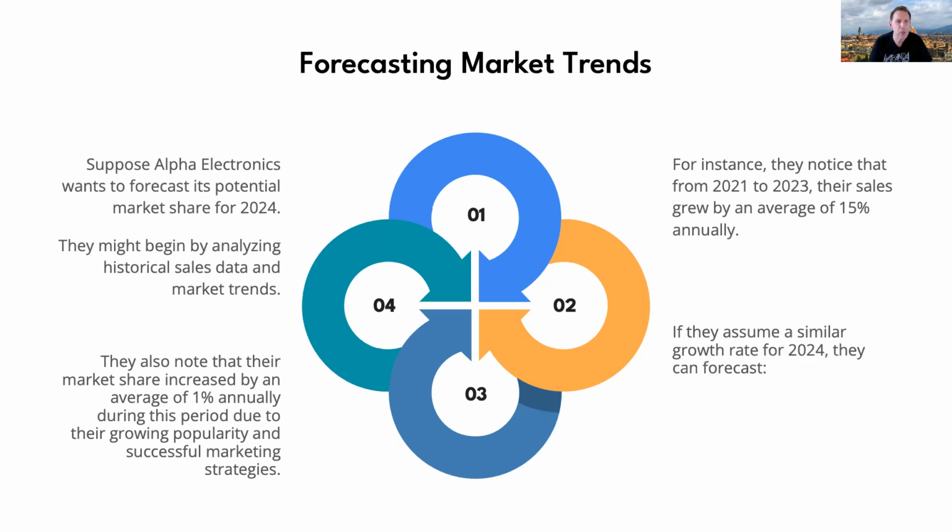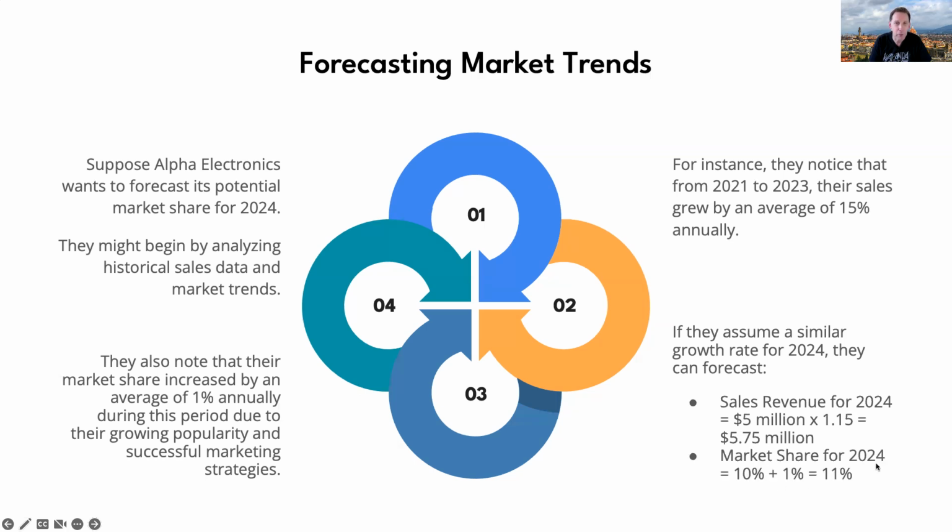If they assume a similar growth rate for 2024, they can forecast that their sales revenue for 2024 would be $5 million, which is what they started with in 2023, times 1.15. That's the average percentage growth that's been happening over the last couple of years. So 5 million times 1.15 equals $5.7 million.